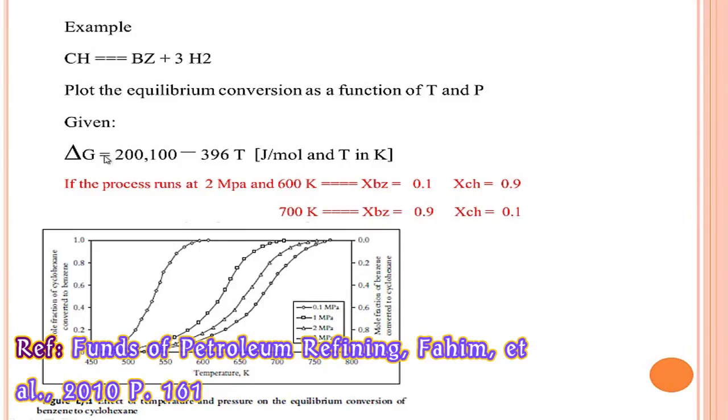The Gibbs free energy, according to the way of writing here, is equal to 200,100 minus 396 multiplied by temperature. Let's do a plot of the equilibrium mole fraction of both benzene and cyclohexane.